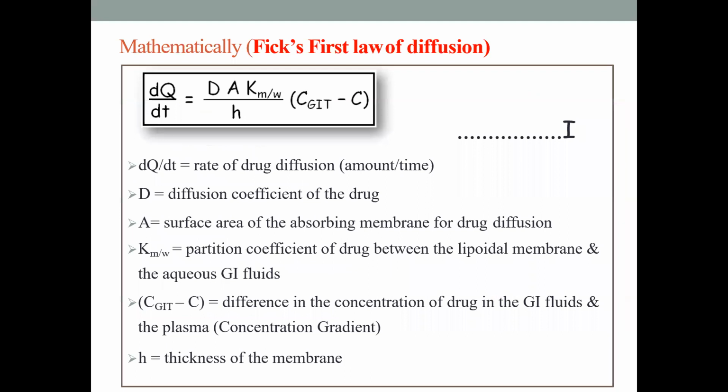Fick's first law is expressed mathematically as dQ/dt = DAKm/w / h × (CGIT − C). What is meant by Fick's first law of diffusion? It states that drug molecules diffuse from a region of higher concentration to a region of lower concentration until equilibrium is attained.